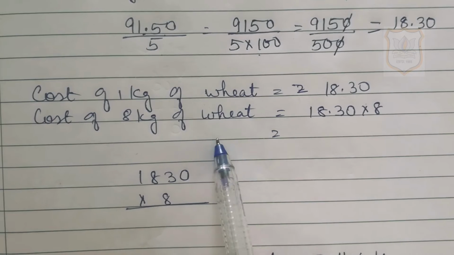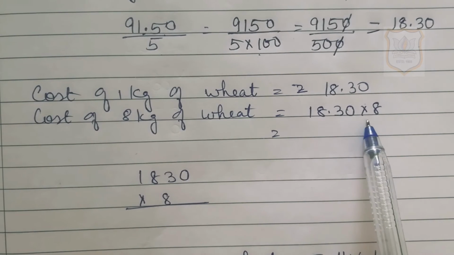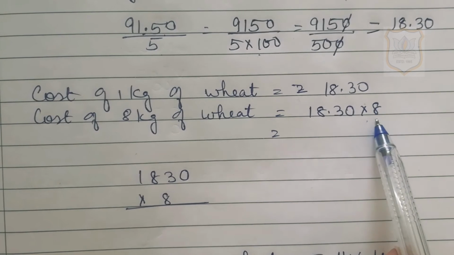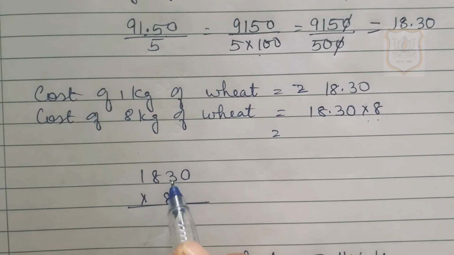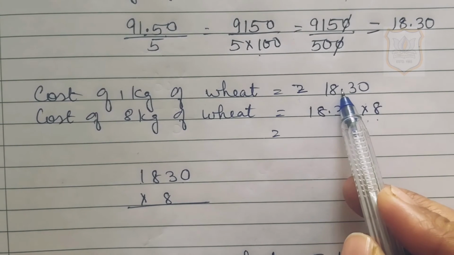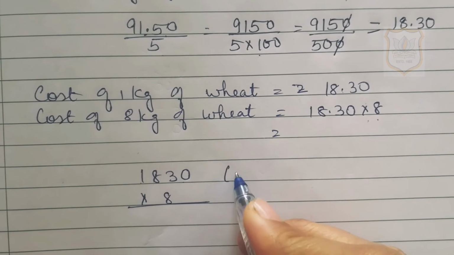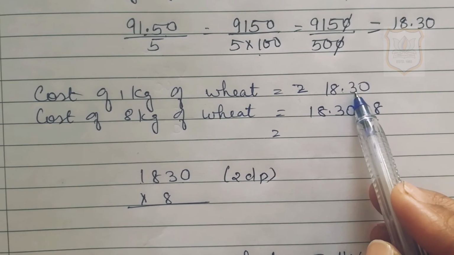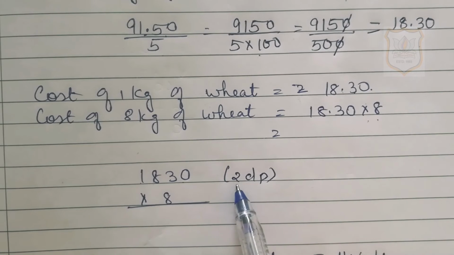So cost of 8 kg of wheat is equals to 18.30 into 8. We will multiply this 18.30 rupees with 8 kg. So here we will write 1830. Here you can see there are 2 digits after decimal, so here we will write 2 decimal point.